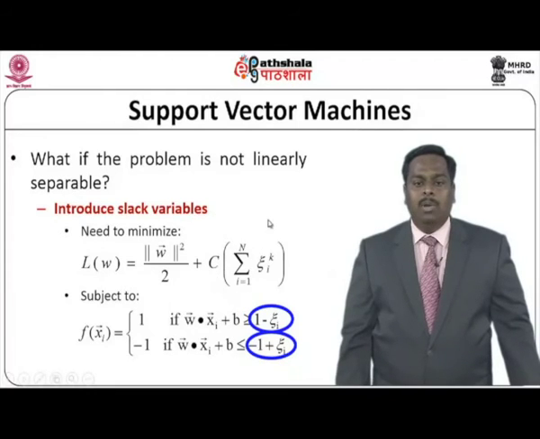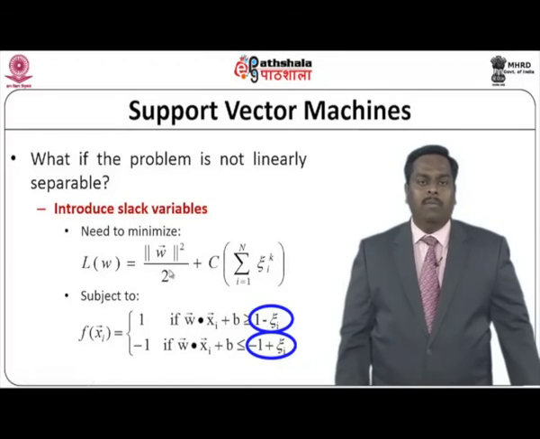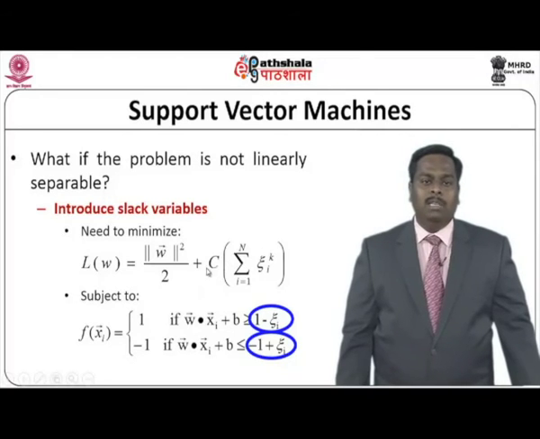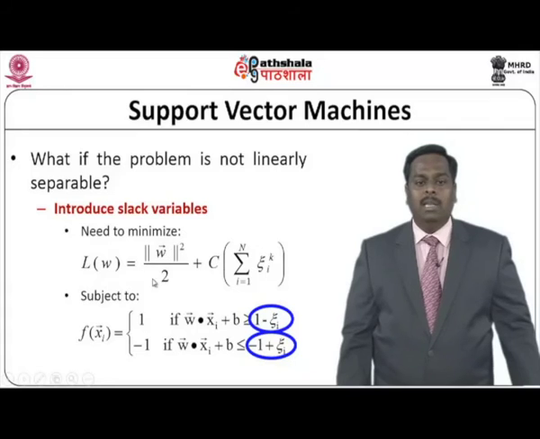The slack variable is fundamentally indicated by this epsilon. So, we are going to take the summation of the slack variables and use it for maximizing or minimizing the margin equation. If it is going to be 2 divided by norm of w square, then we need to maximize. If it is the inverse of the margin, then we need to minimize the inverse value.